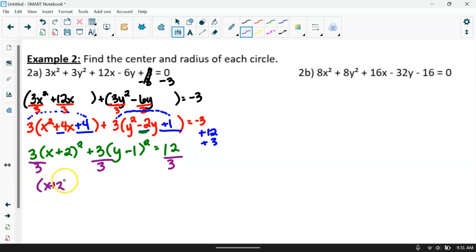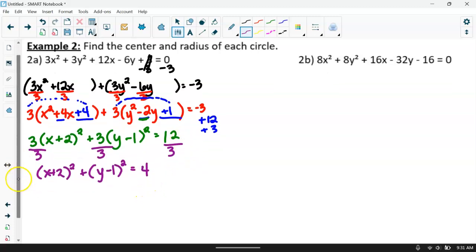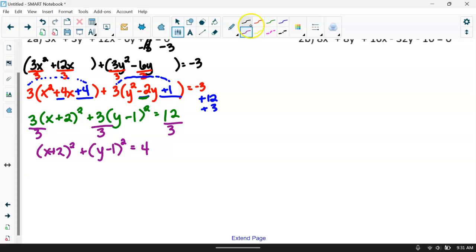So x plus 2 squared plus y minus 1 squared is now equal to 4. Now we can find our center and radius. So the center here is negative 2, 1 with a radius of 2.